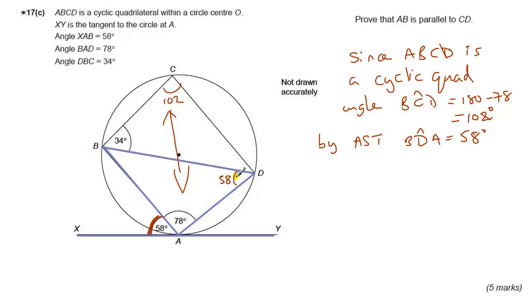degrees. Now if that's 58 degrees, then we know this is a triangle. This is going to make this add up to 180.